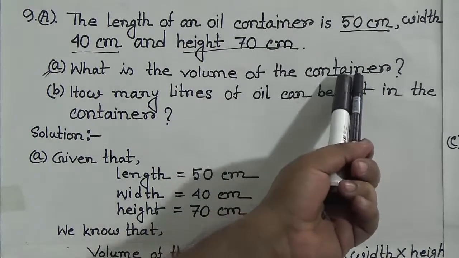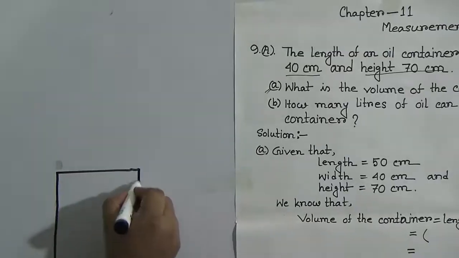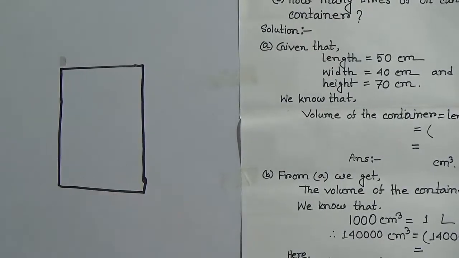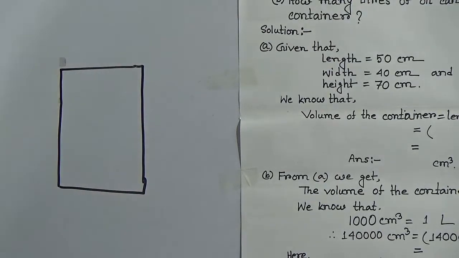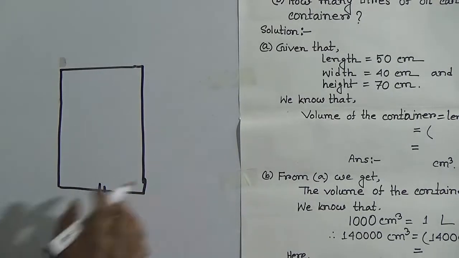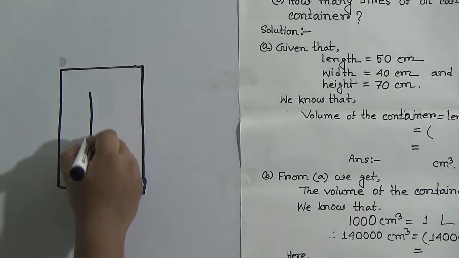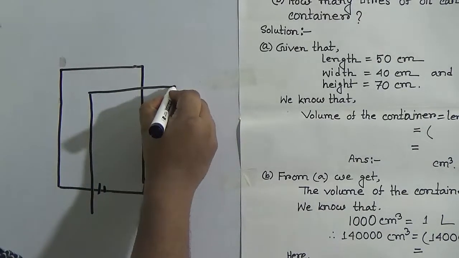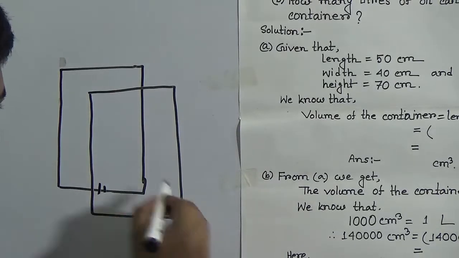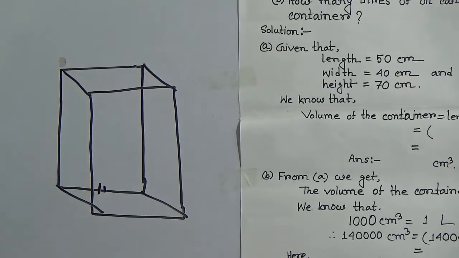The container is in 3 dimensions. Let us draw the figure of the container. What is this? This is a figure of a rectangle and it is 2 dimensional. It has length and width. For this reason it is 2 dimensional. If I draw another rectangle inside this rectangle, then we notice that this is a container and it has length, side and width also.